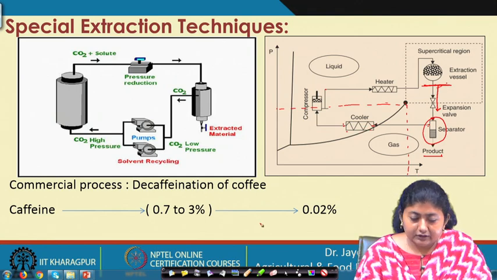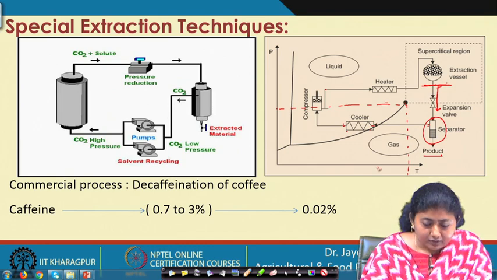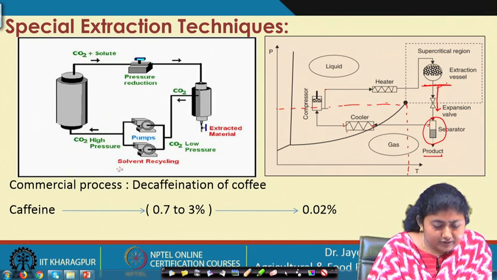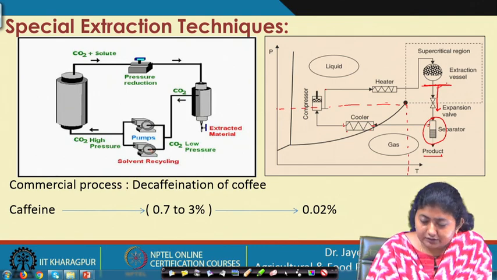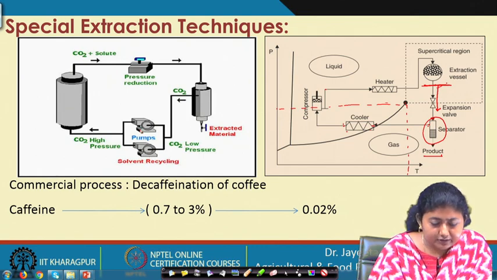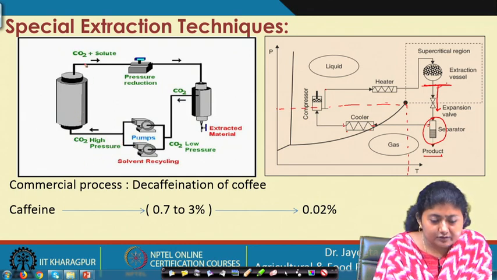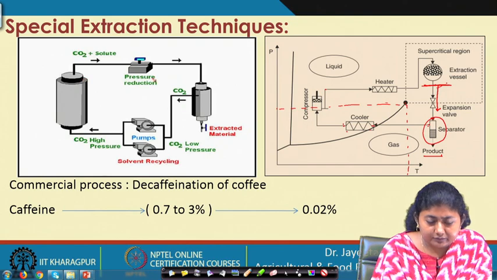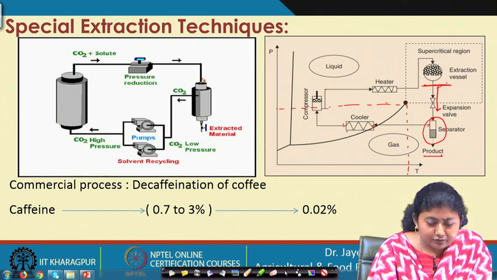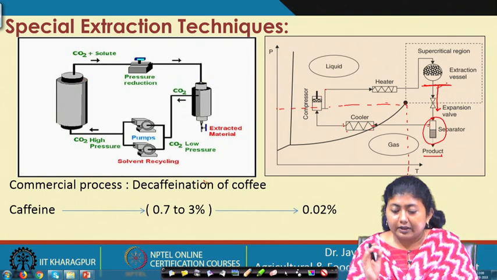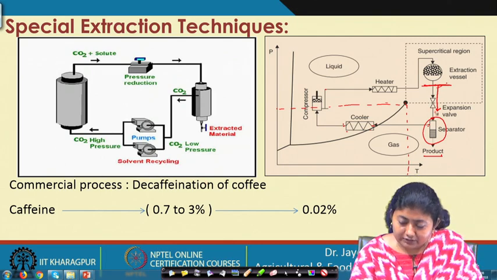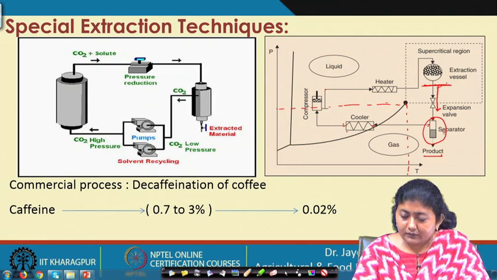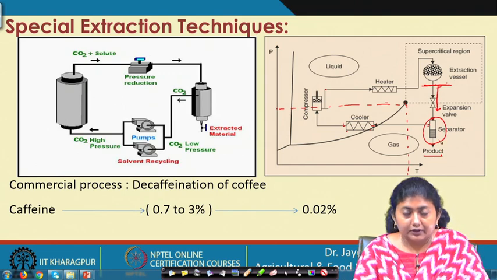On the lower pressure side we have the expansion valve, the separator, and the heat exchanger for cooling of the supercritical fluid. Here, in solvent recycling, we use the pump and send it to the high pressure section. So, we can see that without applying any extra energy, just by lowering the pressure we can separate the solute and the supercritical fluid.